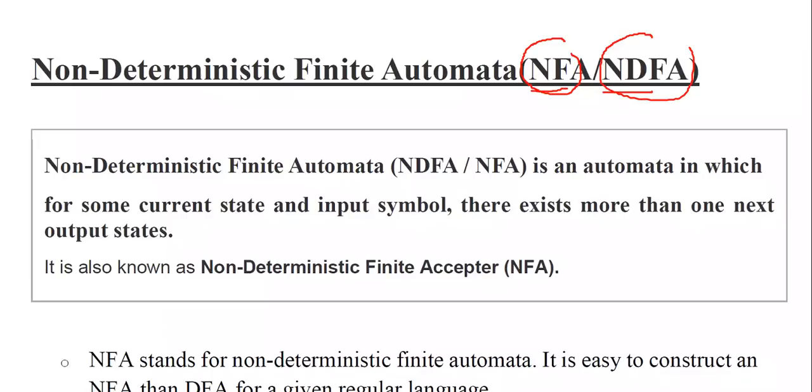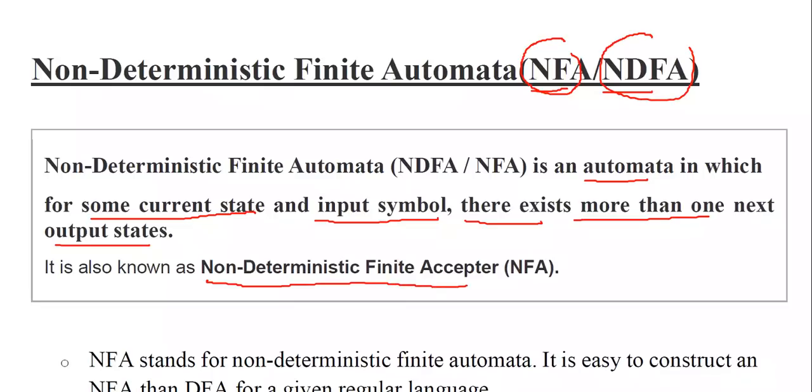Non-deterministic finite automata is an automata in which for some current state and input symbol, there exists more than one state output. That means you are going to more than one states from the current input symbol and the current state. So this is known as non-deterministic finite acceptor.